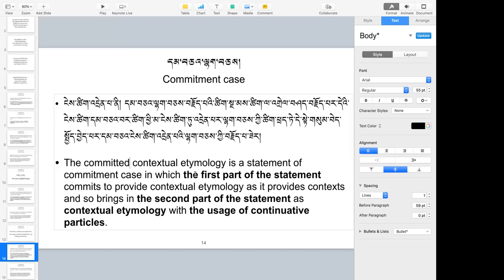And as it provides, it brings the second statement as that contextual etymology. This is done with the usage of continuative particles, which act as a conjunction between the context and the contextual etymology, the term which stays true to the characterization.